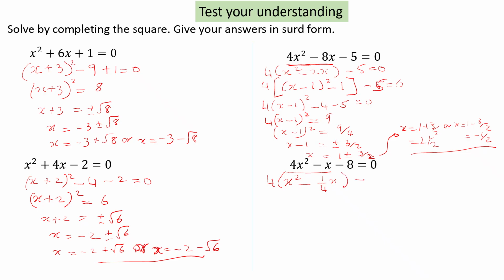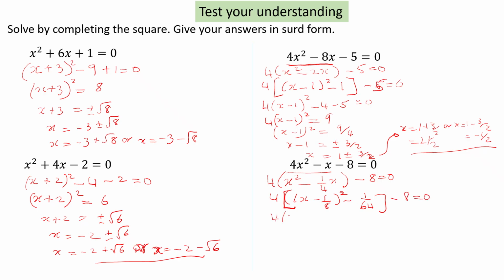Then take away 8 equals 0. So do the completing square. x minus half of a quarter, which is 1 over 8, square it, and take away 1 over 8 squared, 1 over 64, minus 8 equals 0.